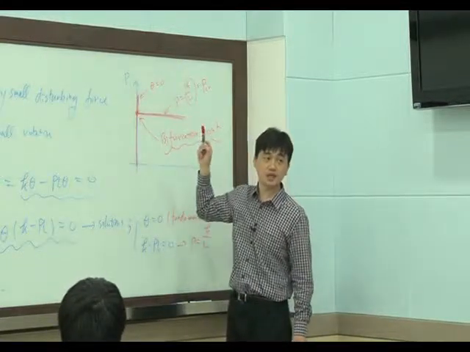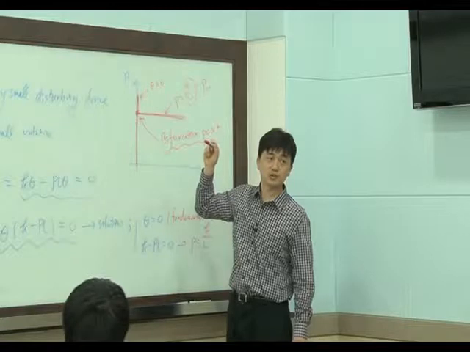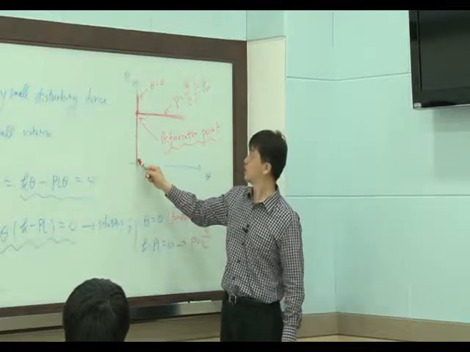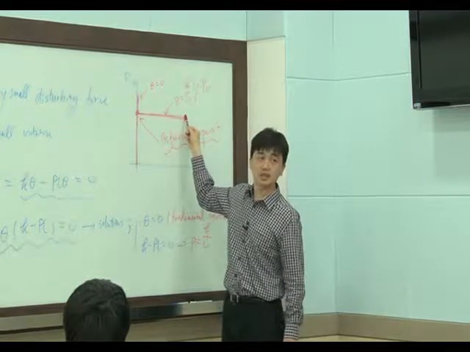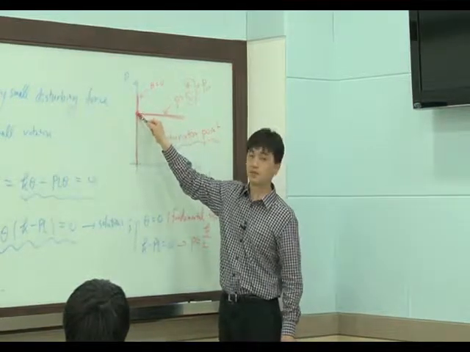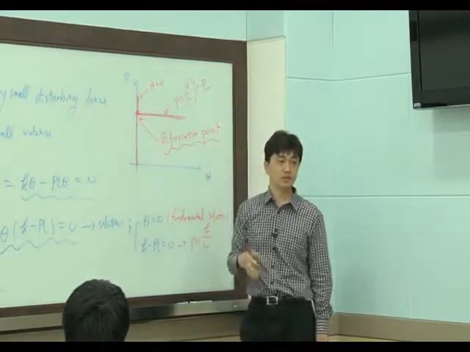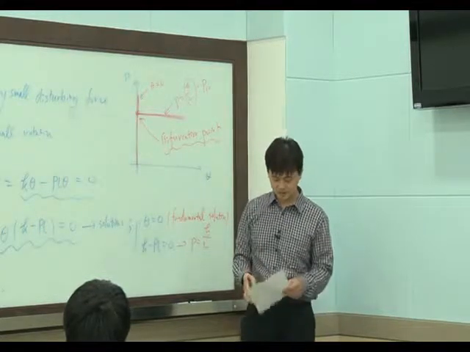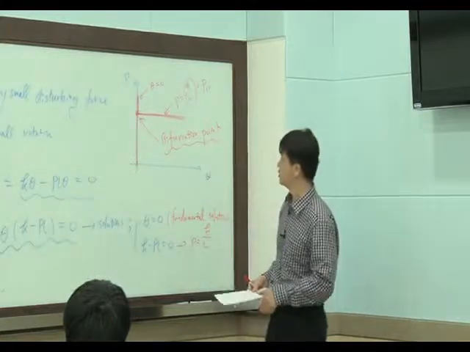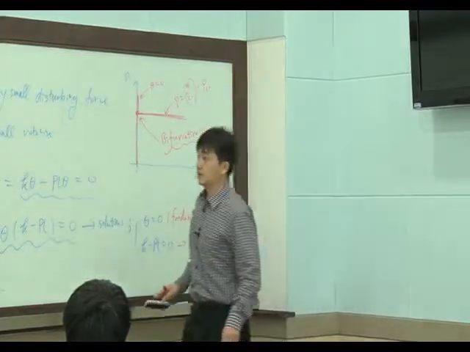And if it has a very small disturbing force, it can go this way and this way. It can go both ways. So this is a bifurcation. Maybe you don't yet understand what the bifurcation is here.